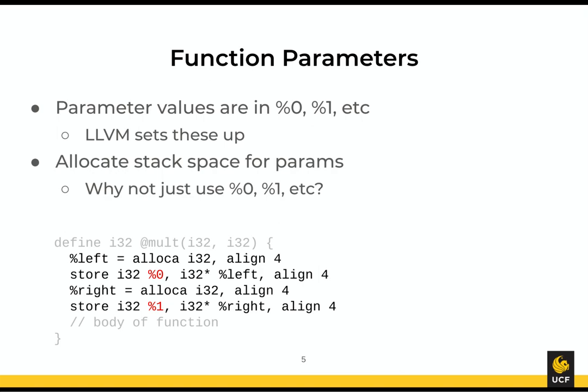So effectively, the parameters are stored in registers for you. To use these parameters completely, you need to allocate space for them on the stack. Why am I saying you should do this, if you've already got some LLVM registers that hold their values? Does that make sense?